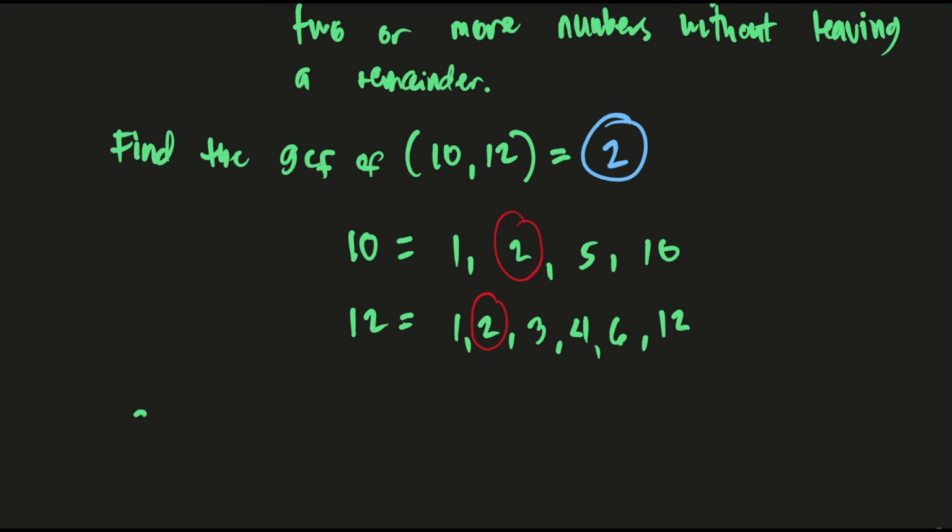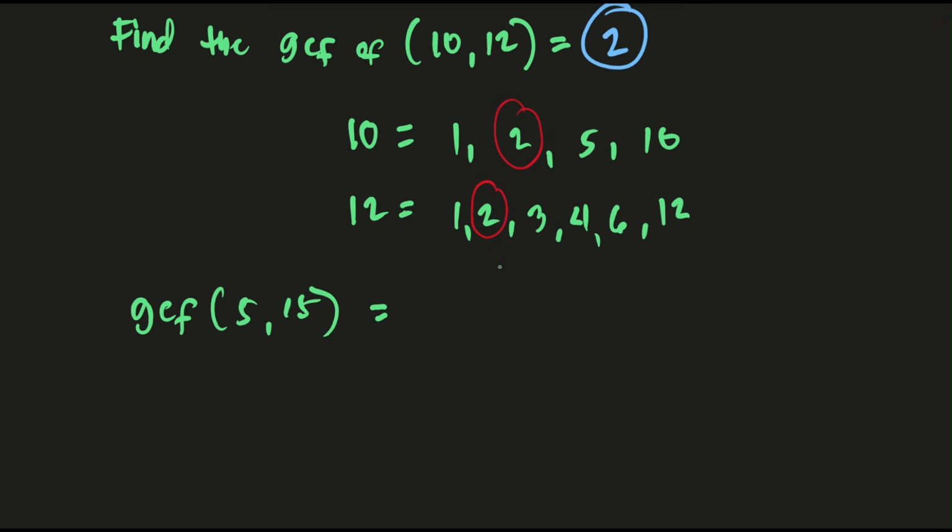One more example, let's say the GCF of 5 and 15. Now we are going to take a look at each number individually. We have factors of 5, that would be 1 and 5 only, and factors of 15, we have 1 times 15.